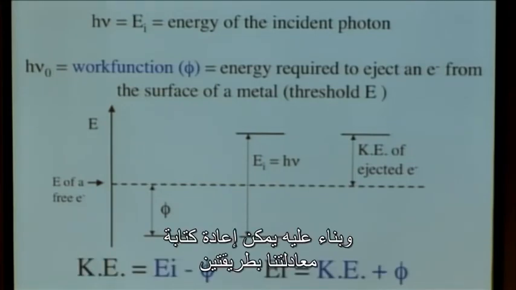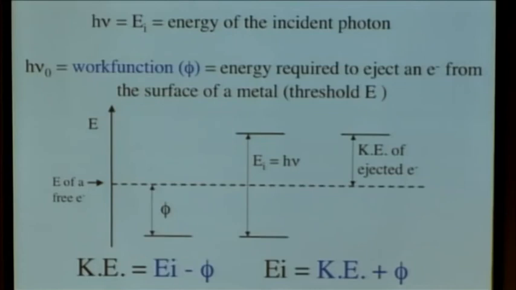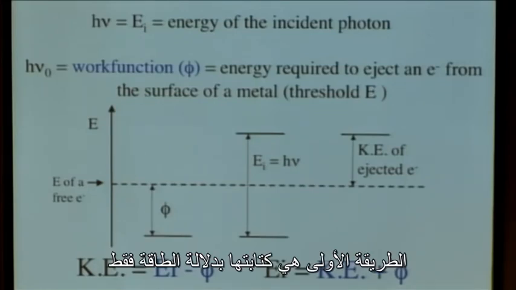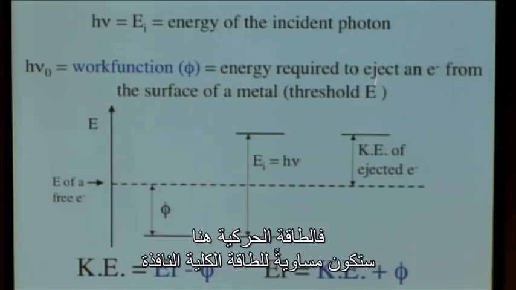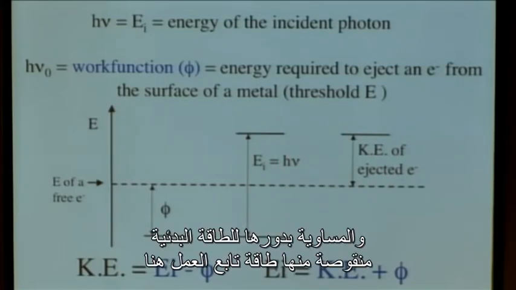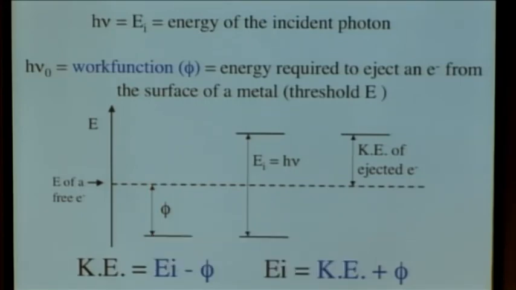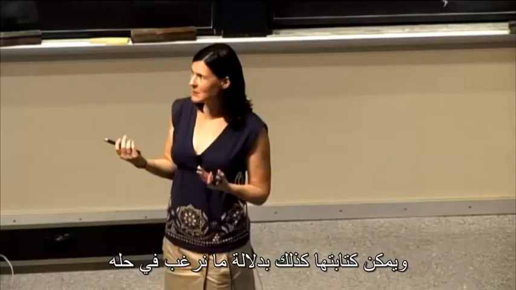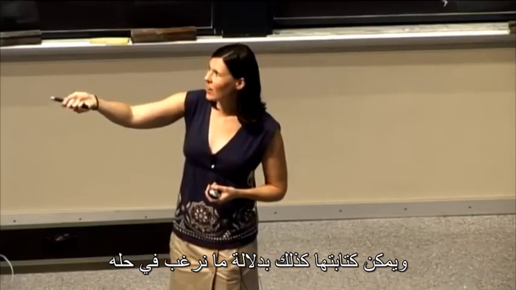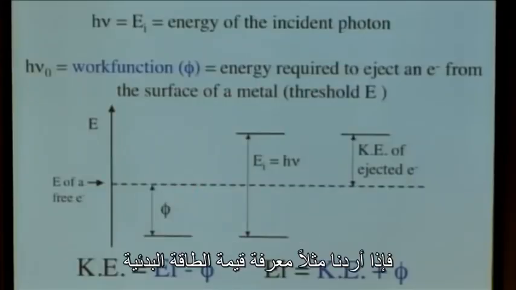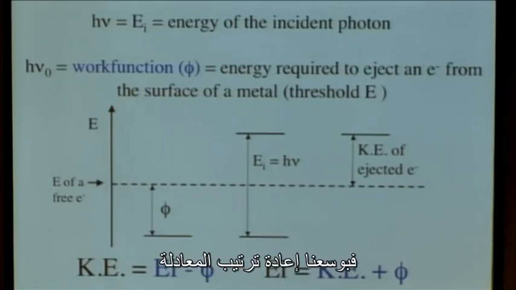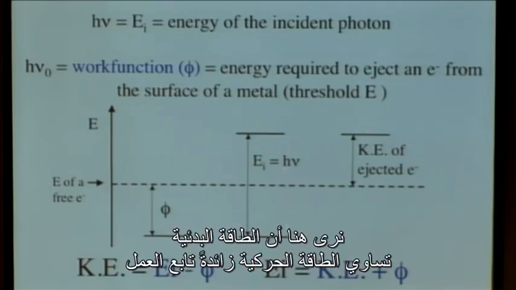Therefore, we can rewrite our equation in two ways. One is just in terms of energy, where our kinetic energy is equal to the total energy going in, the initial energy, minus the work function. If we want to find out what that initial energy was, we can rearrange our equation, where the initial energy is equal to the kinetic energy plus the work function.